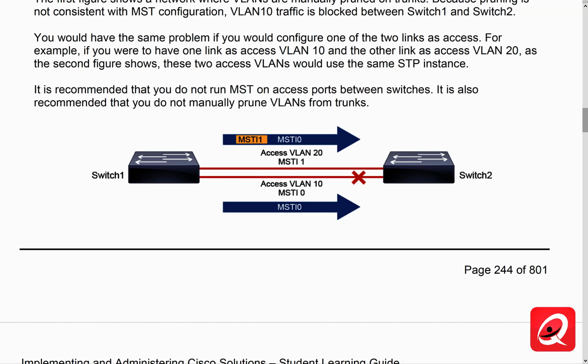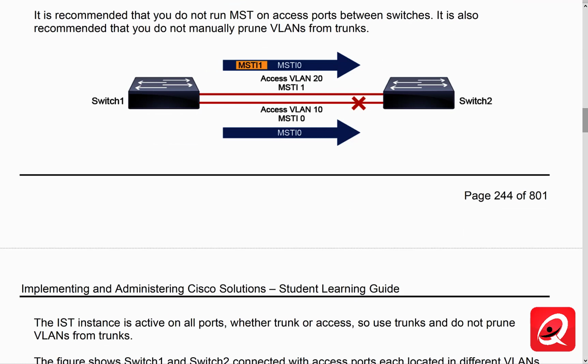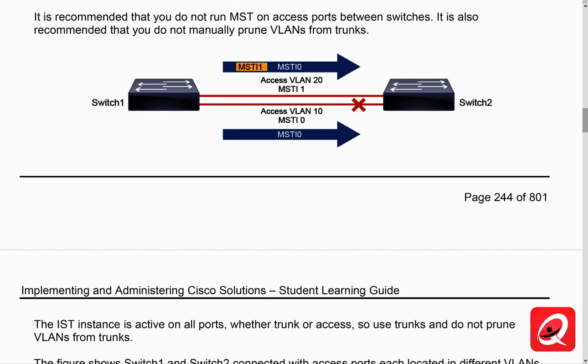And then all of the other MST functionality is carried inside of that IST BPDU. The IST instance is always active on all the ports. It doesn't matter if it's a trunk port or an access port. So use the trunk links, but don't prune VLANs from the trunks. Again, because we want to make sure that we're not filtering out VLANs that are supposed to be active.